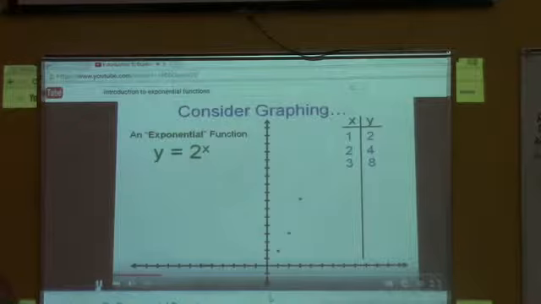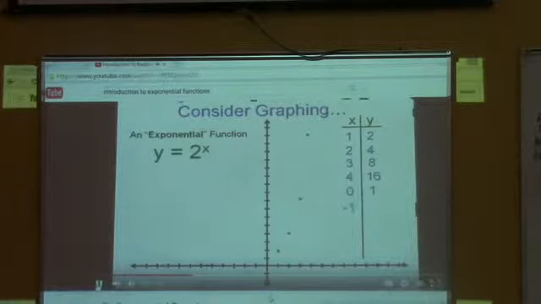Starting to bend a little bit on you. 2 to the 4th is 16. So we look at the point 4, 16. It's getting very high very quickly, isn't it? Let's go the other way. If we put in a 0, 2 to the 0 power, remember about exponents, anything to the 0 power is 1. Okay, so we have the point 0, 1.